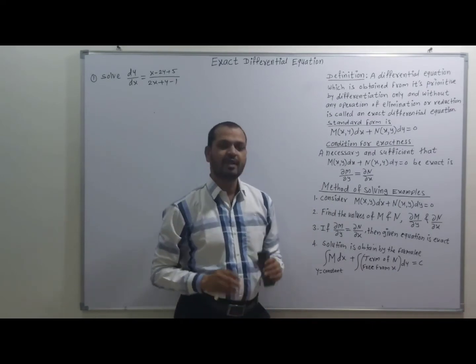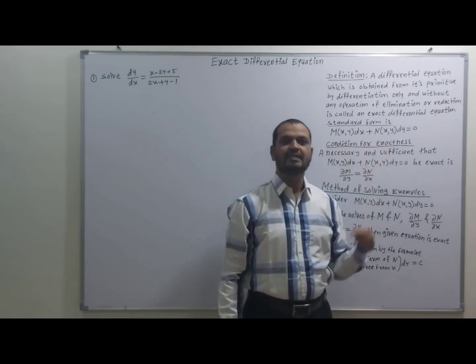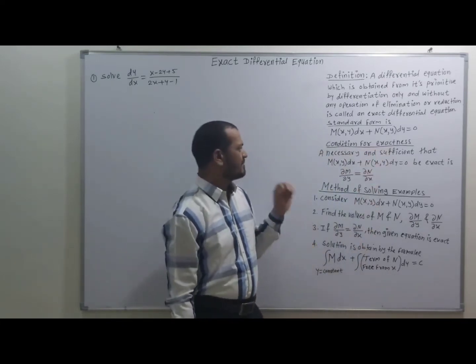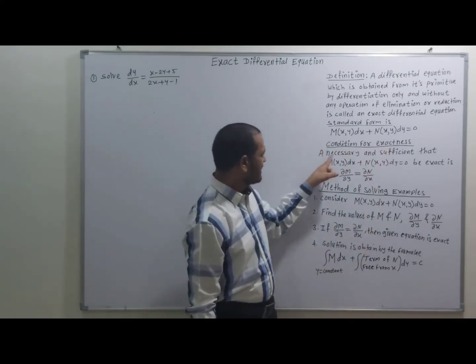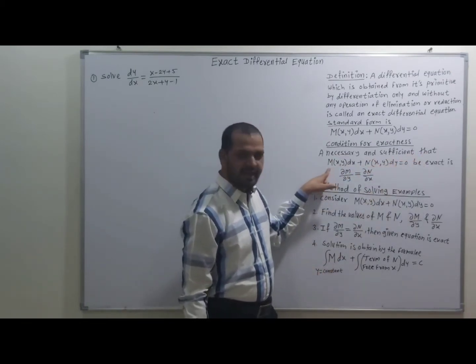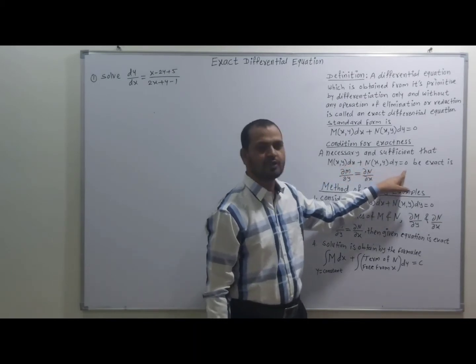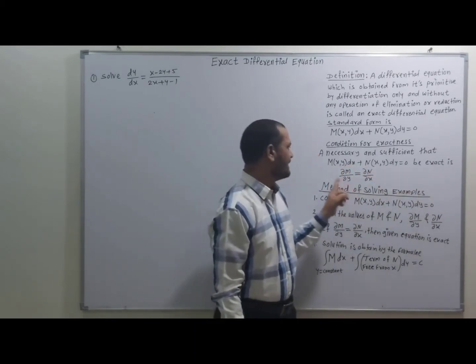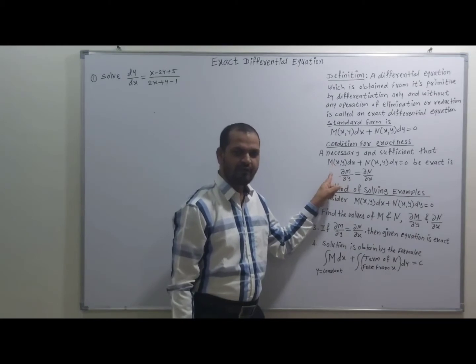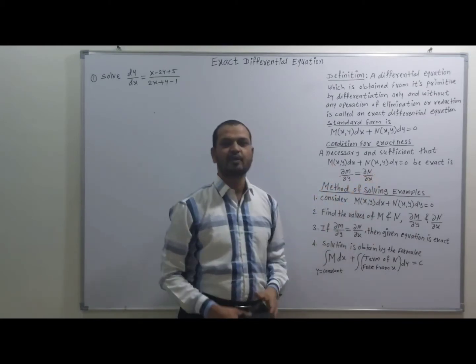Now friends, there is one important theorem related to the condition for exactness. This theorem says that the necessary and sufficient condition for the differential equation M dx plus N dy equal to 0 to be exact is that the partial derivative of M with respect to y equals the partial derivative of N with respect to x.